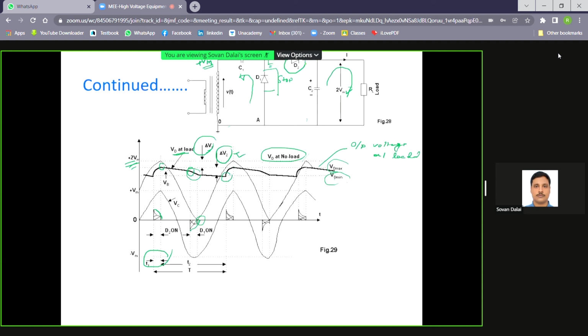Then here D2 is stopped in that condition, but still due to the minority carrier some current will flow.